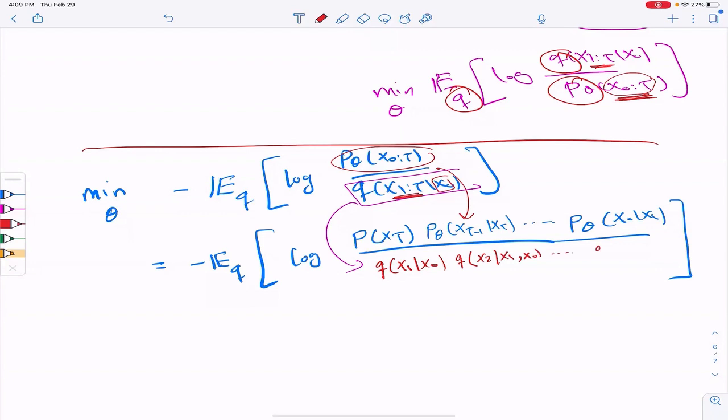Up until the last term, which is q of xt given xt minus 1, but I still have x0 here. It's a simple joint probability breaking down. All good? Nothing fancy so far. I hope you feel comfortable.